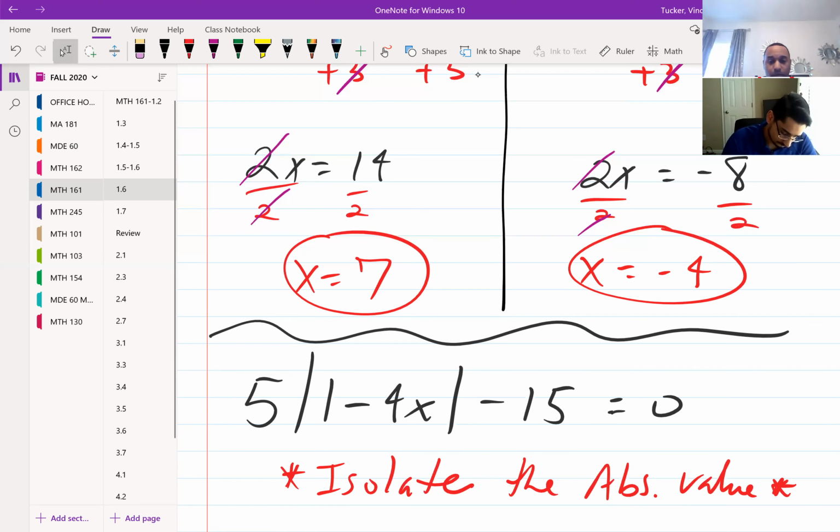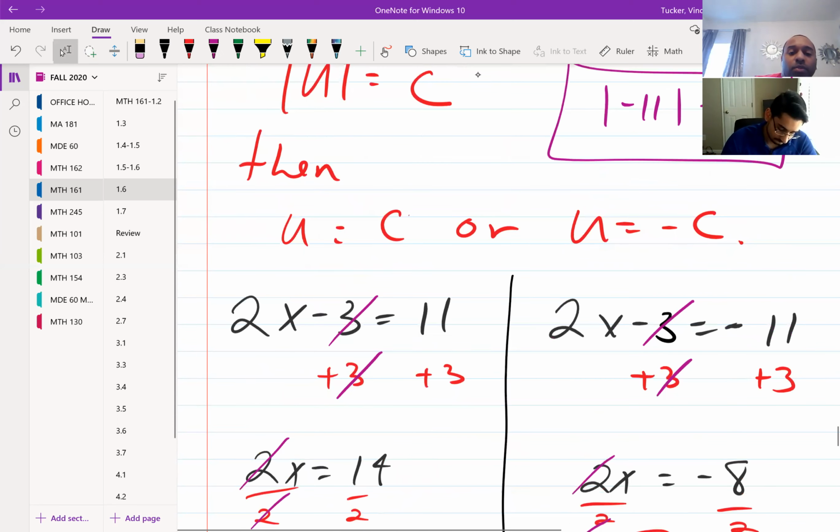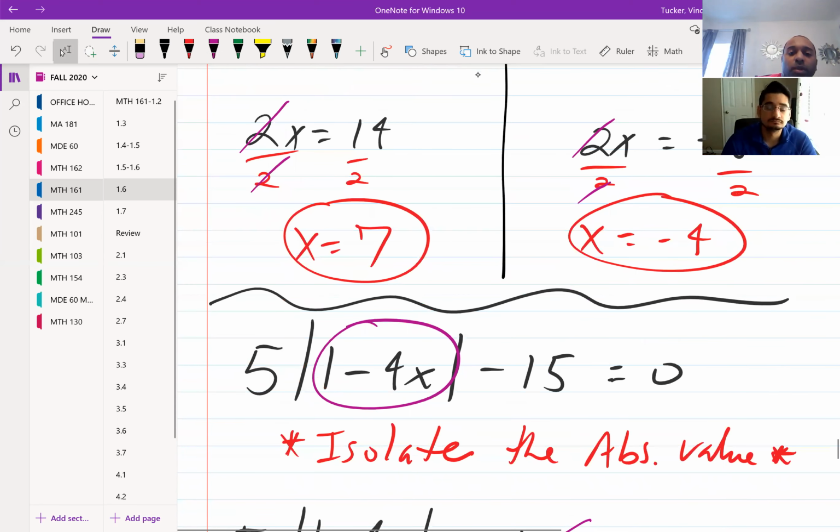So you see in the red, I wrote a note that we need to isolate our absolute value. So in other words, we want to get this absolute value quantity by itself on one side of the equation. So we'll have this same setup that we had initially with the absolute value of 2x minus 3 equal to 11. So we want to get this by itself.